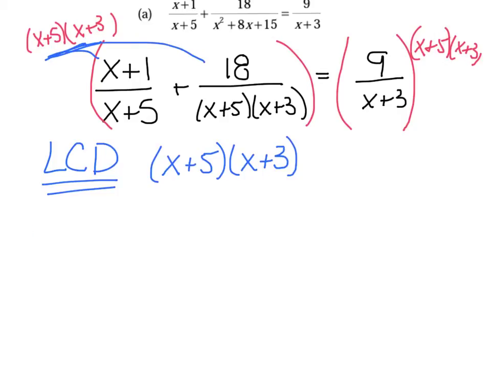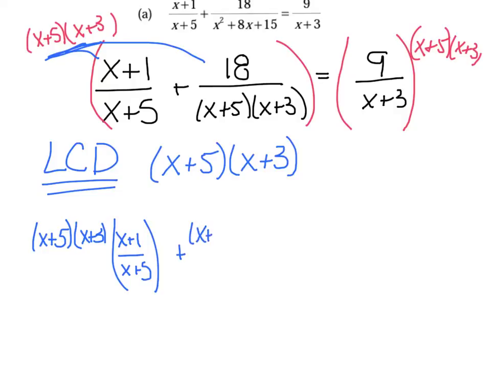Now remember, I'm not actually going to multiply them. Let's just write them down. X plus 5, x plus 3, and that's times x plus 1 over x plus 5. Then I've got my plus sign. We're going to do it again. X plus 5 and x plus 3. And I'll multiply that by my 18 over x plus 5 and x plus 3.